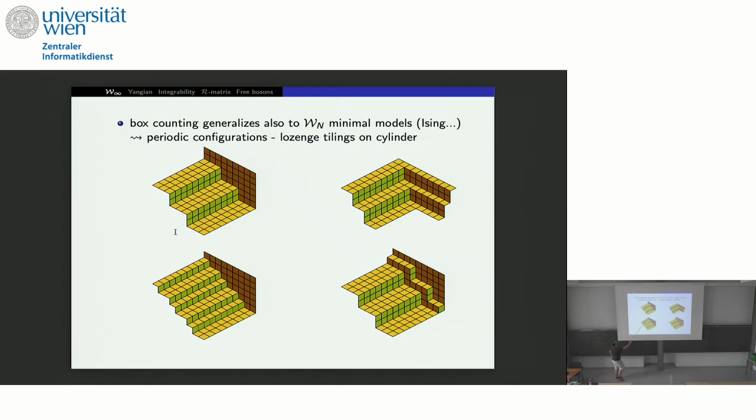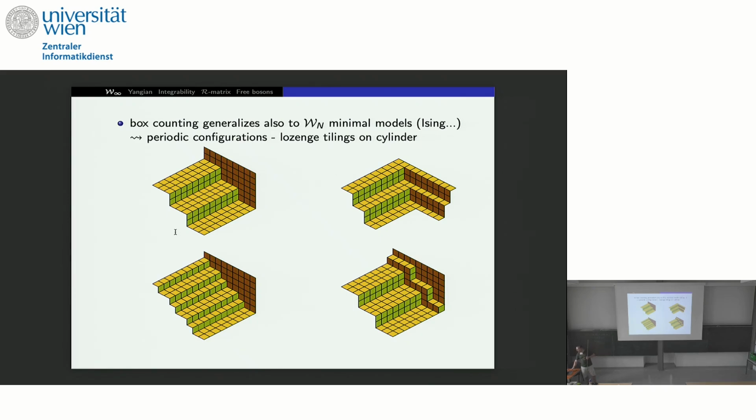So instead of having one corner, you have a whole tiling of the plane where there are infinitely many corners. So you can wind it on a cylinder or whatever. If you start adding boxes to some initial periodic configuration like this one or like this one, and count in how many ways you can add boxes, you will reproduce the characters of the minimal model primaries, which are usually written in terms of theta functions or some more complicated things.